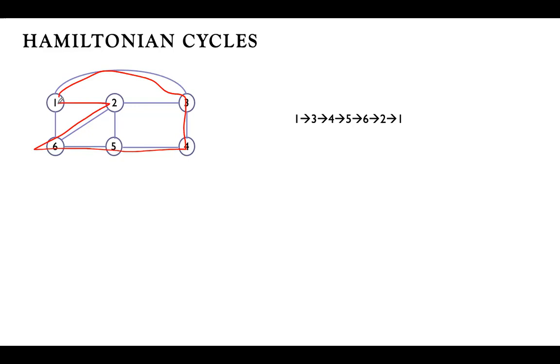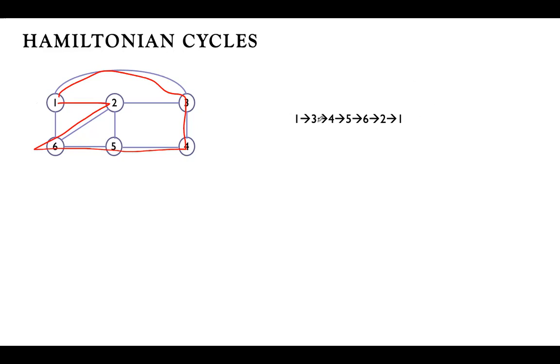See, compared to the previous one and this one, is there any difference between these two cycles? You just observe these two cycles. Here we started with 1, 2, 6, 5, 4, 3, 1. Here 1, 3, 4, 5, 6, 2, 1. But the cycle is the same.